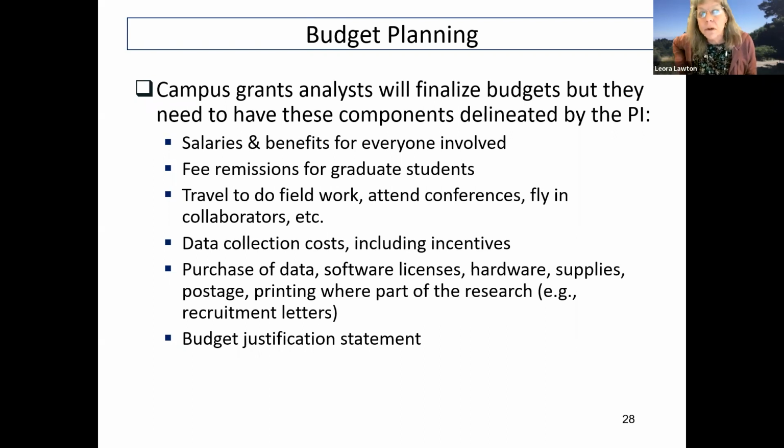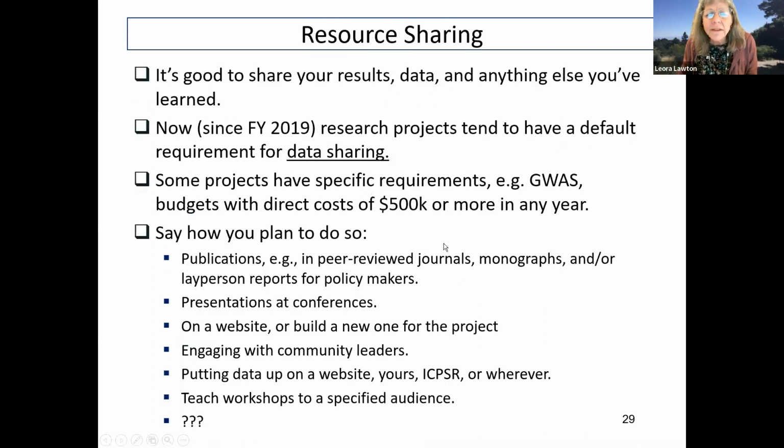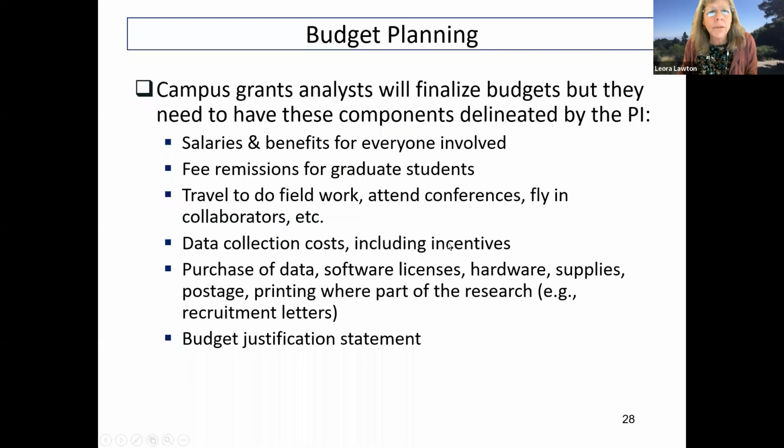And each one of them could cost up to $2,000, $2,500. We're putting $5,000 for conferences and say which ones they are. You want that. Data collection costs, including incentives, including mailing costs of letters, of reminders, of whatever, newsletter, event, something like that. Purchase of data, purchase of software licenses, your SAS or Stata or whatever it is you use.